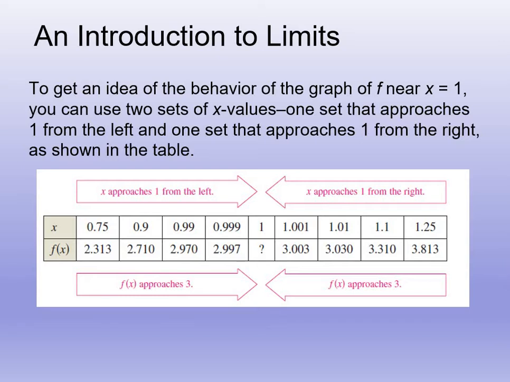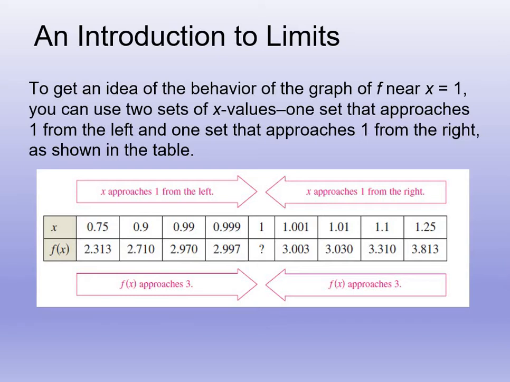And if we substitute in 1.01 for x, we get 3.030. So on and so forth. So on the right-hand side of the value of 1, as we plug in values that get closer and closer to 1, our output appears to be going to 3.